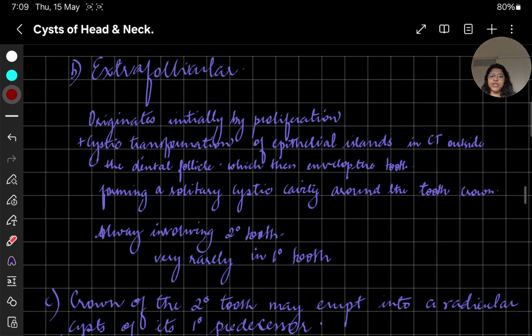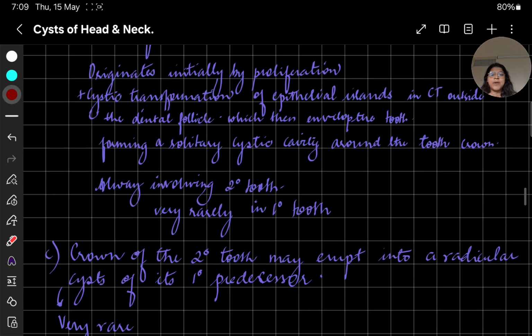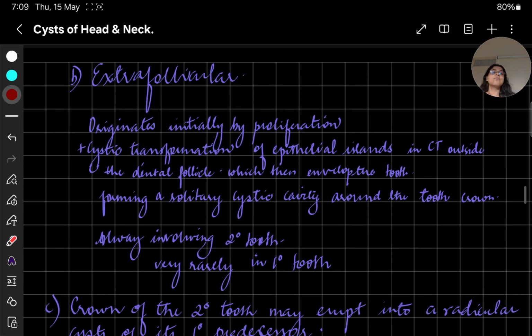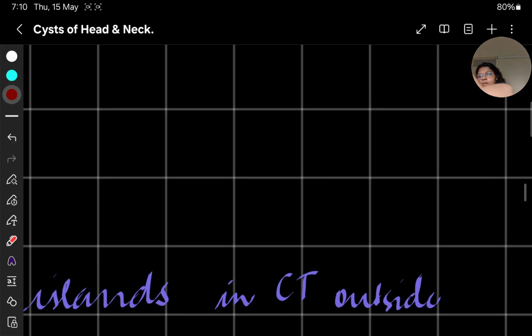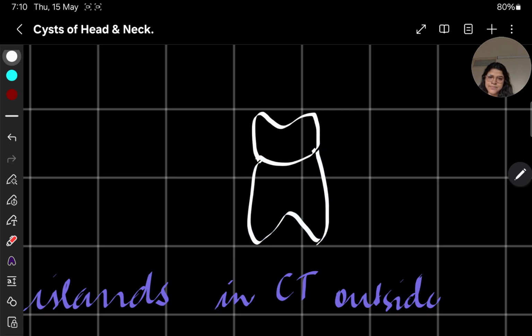Extrafollicular originates initially by proliferation plus cystic transformation of the epithelial islands of connective tissue outside the dental follicle, which then envelop the tooth and form a solitary cystic cavity around the tooth crown. So I will explain this. So you have a crown and a root. Okay.